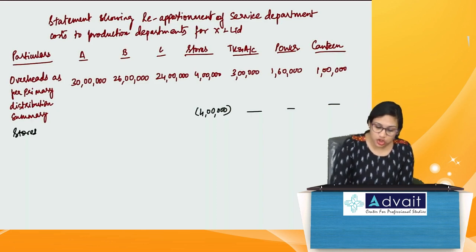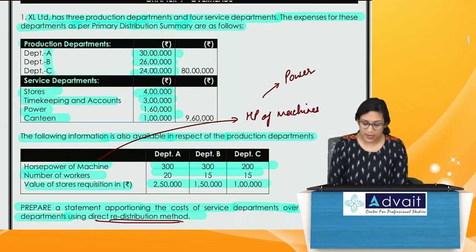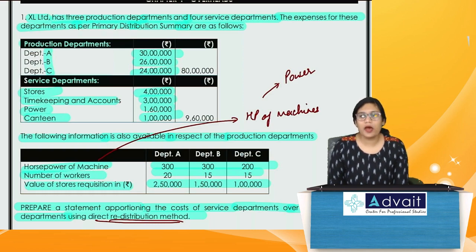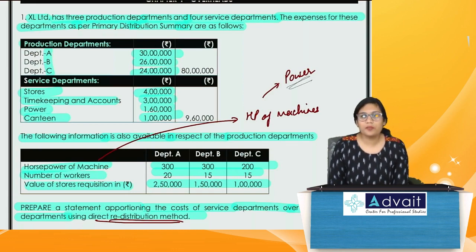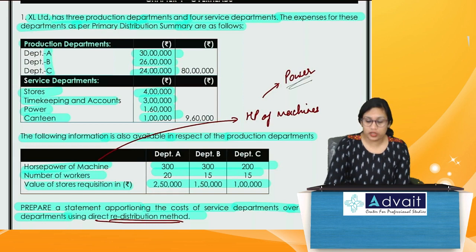Guys, in what ratio will we give this 4 lakh to A, B and C? From this problem, how do we distribute it? HP of machine is power, so the power expense of 1,60,000 will be distributed using HP.